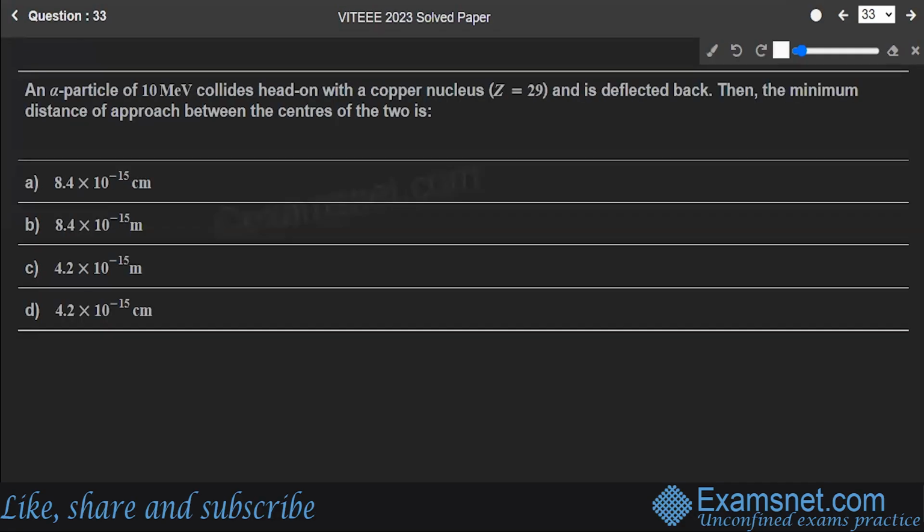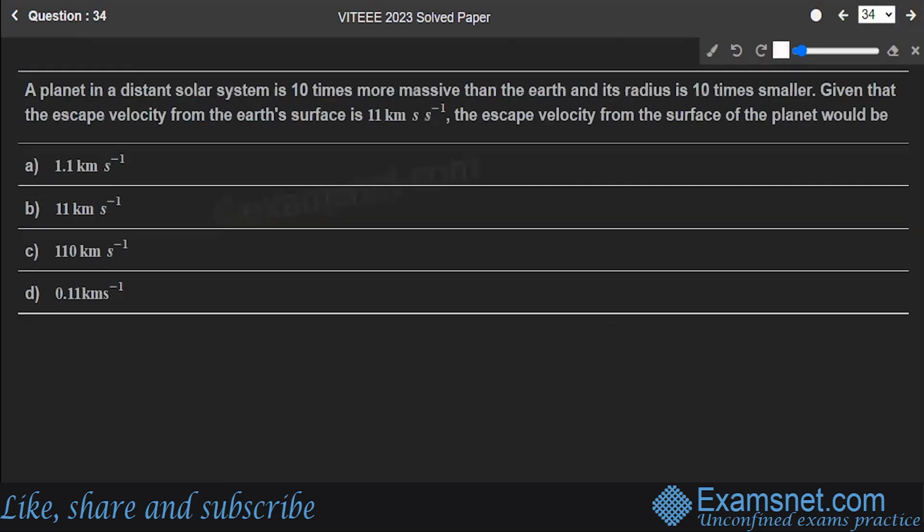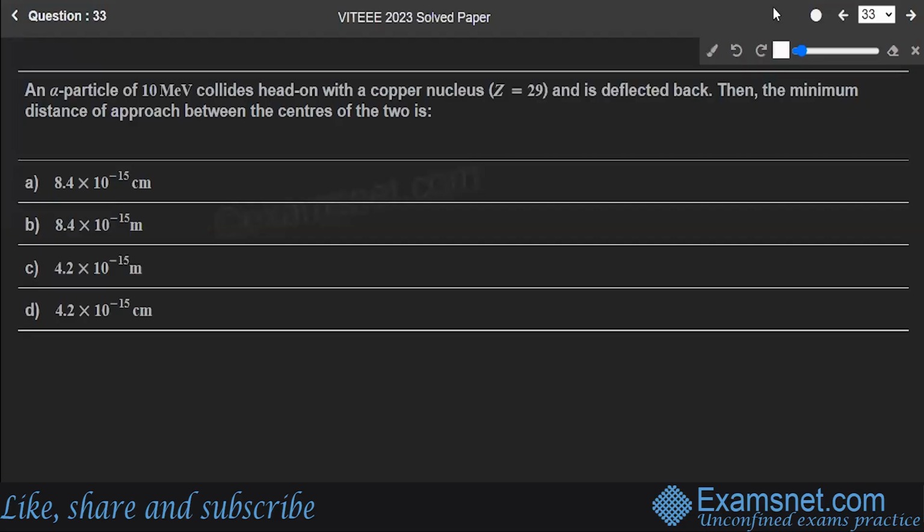Question number 33: an alpha particle of 10 MeV collides head-on with a copper nucleus having atomic number Z equal to 29 and is deflected back.